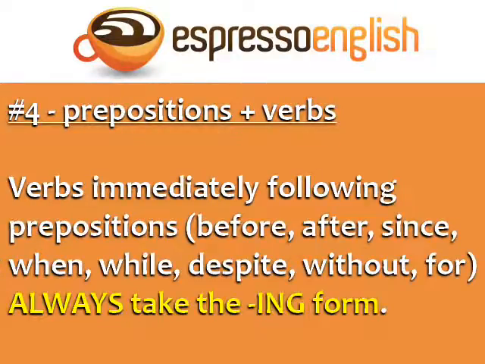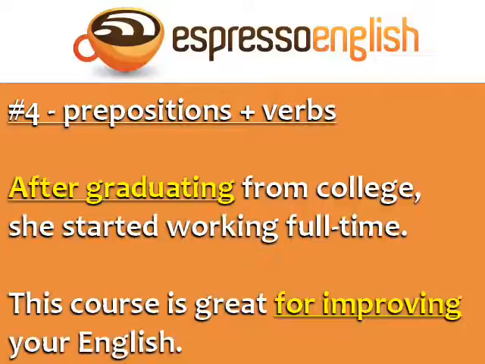Verbs immediately following prepositions like before, after, since, when, while, despite, without, and for always take the ing form. Here are some examples. After graduating from college, she started working full-time. This course is great for improving your English.